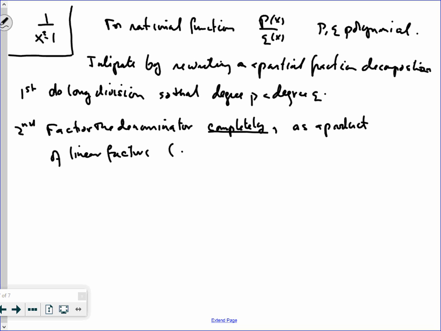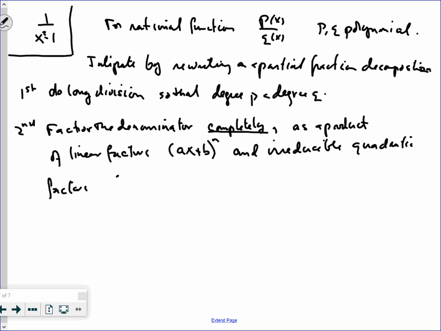Those would be things like ax plus b to some power, perhaps, and irreducible quadratic factors.